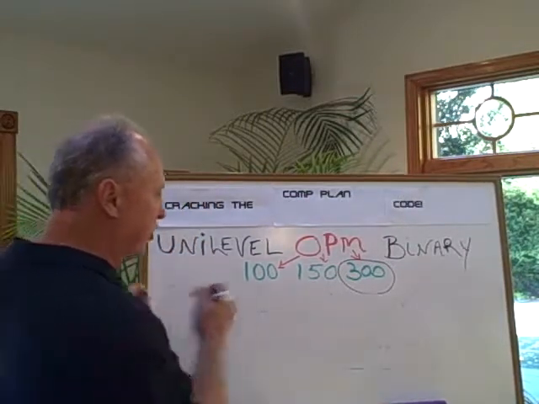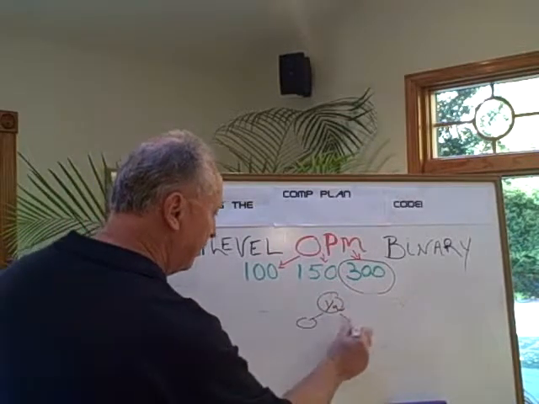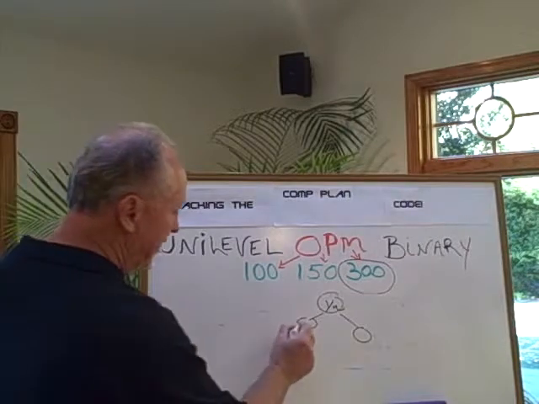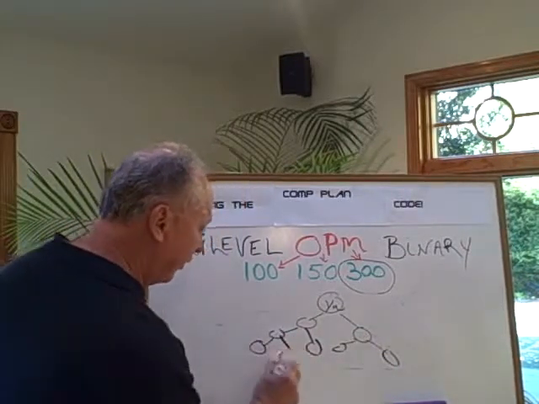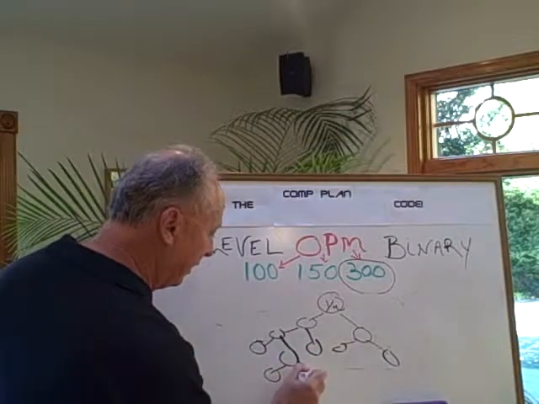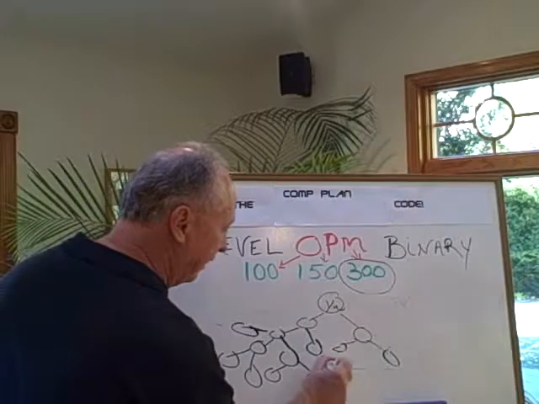Again, a binary structure looks like this. Here's you, and you can only have 2 teams. And your teams have 2, and it starts looking crazy like this, and it goes down all over the place. You get the picture.